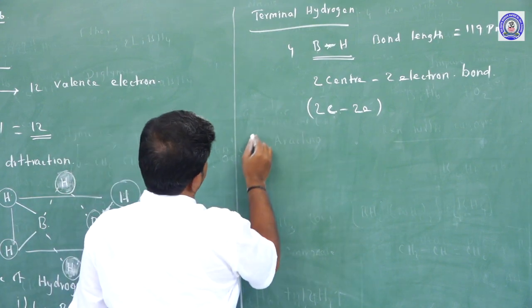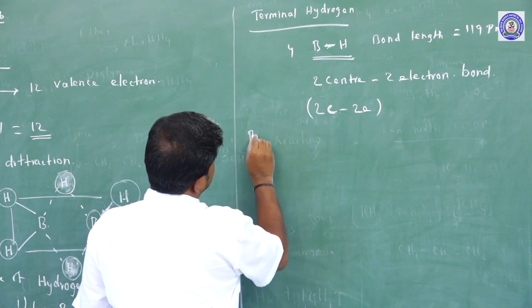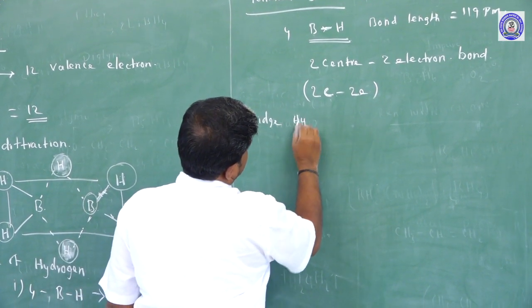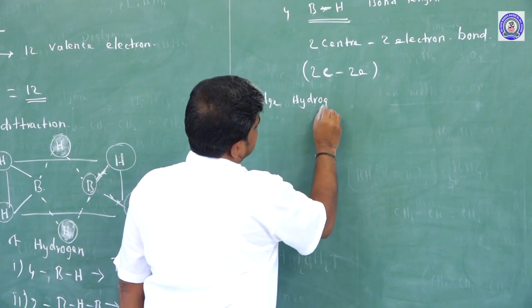And the next one we take is the bridging atom. Bridge hydrogen. How many bridge hydrogens are there?